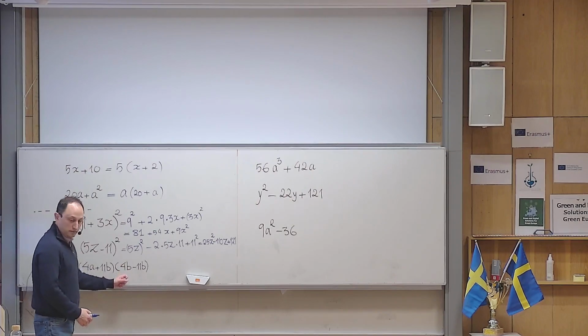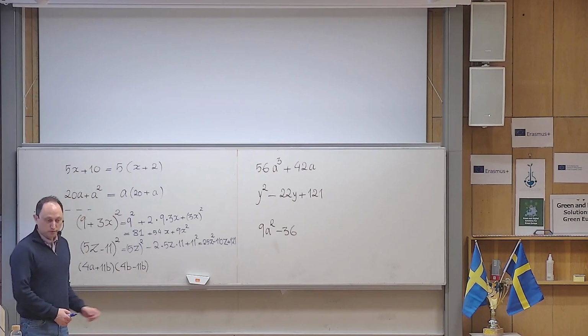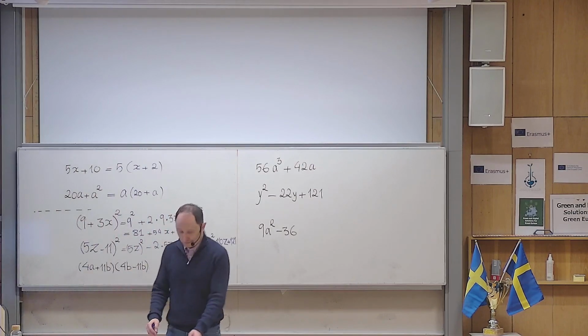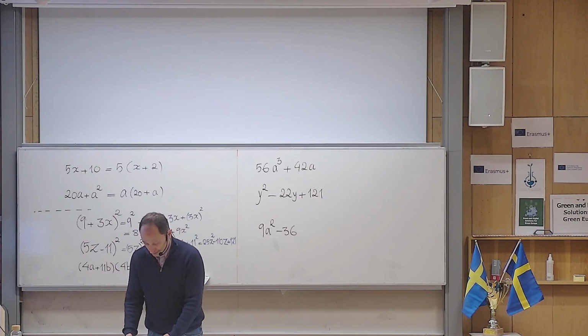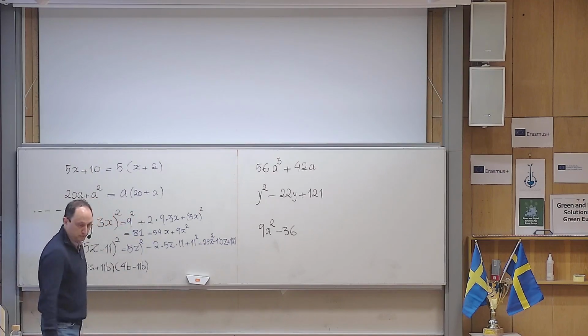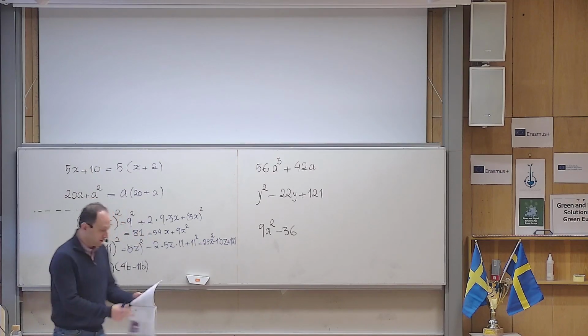I think I wrote this question wrong. It should be 4a, I think, not 4b. Let me double check. Yes, this is 4, so I completely messed up, I think. What was that?